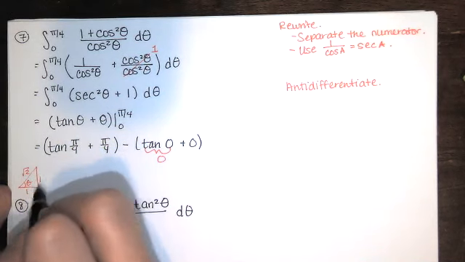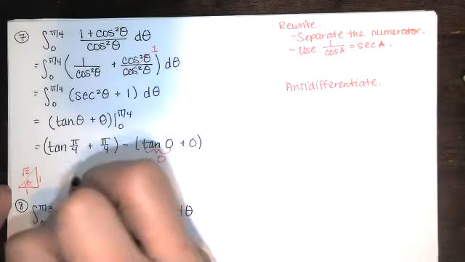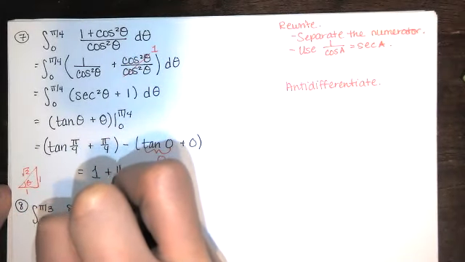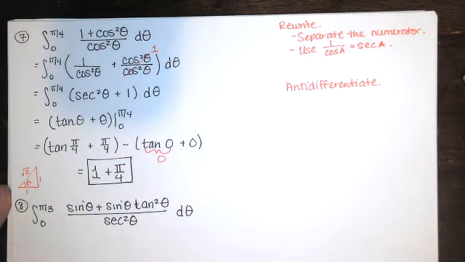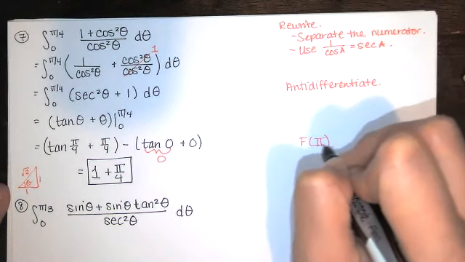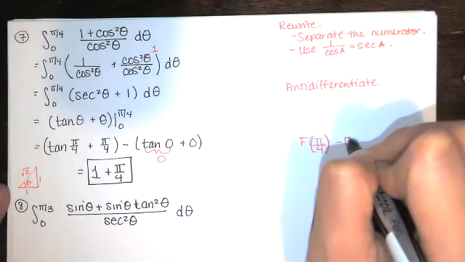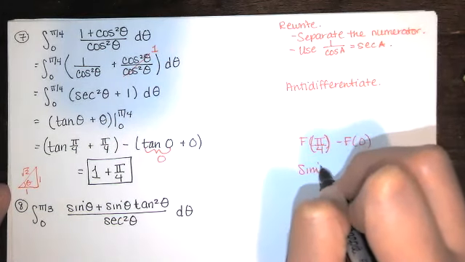So that's going to be a 1. Opposite over adjacent is 1. So we get 1 plus pi over 4 as our answer. That's our simplified answer. So we antidifferentiated, we evaluated F at pi over 4, and we evaluated F at 0, and we subtracted, and then we simplify.